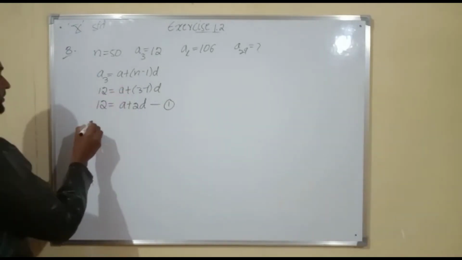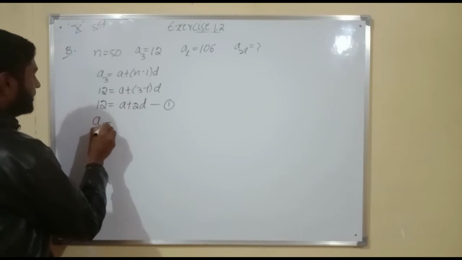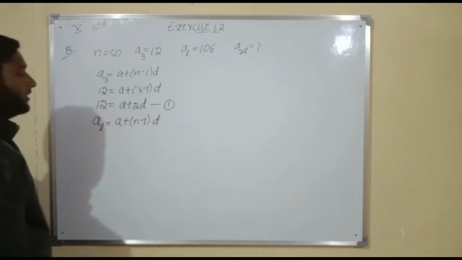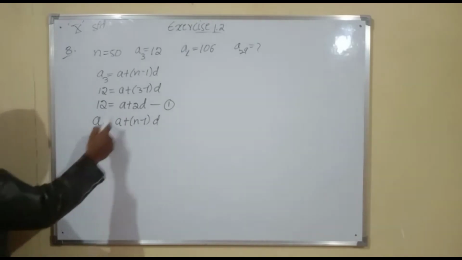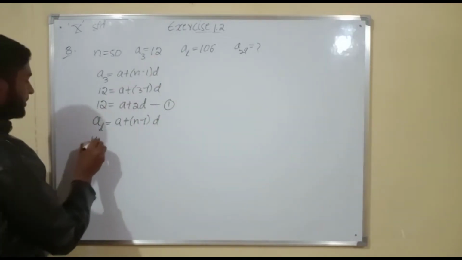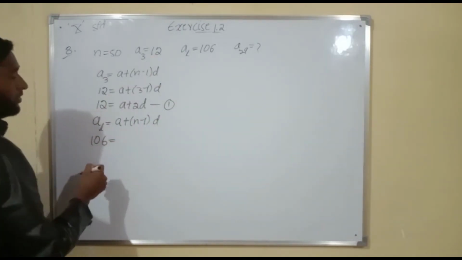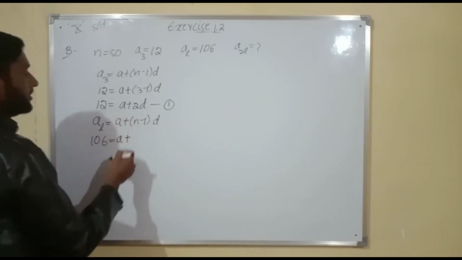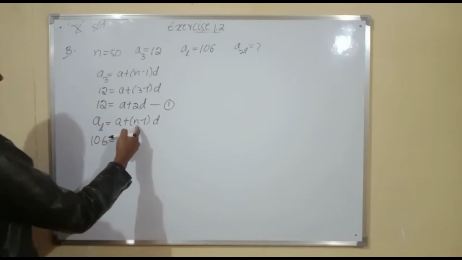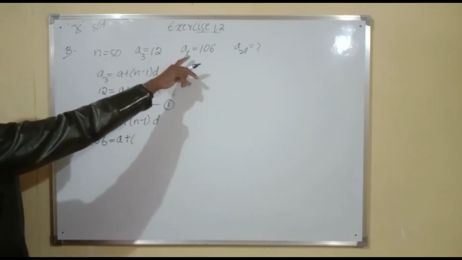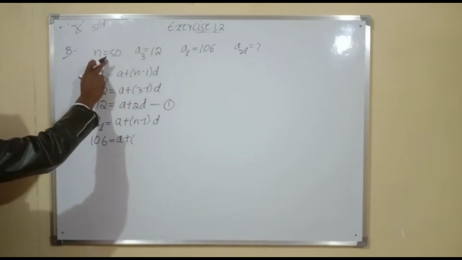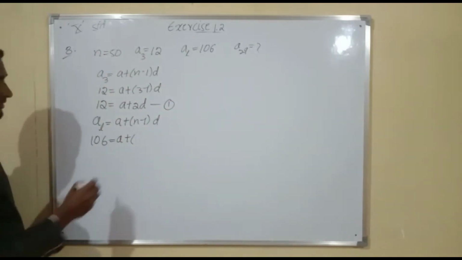And we know the last term AL is equal to A plus n minus 1 into D. AL is given as 106, which is equal to A plus, since this is the last term, how many terms are there in total? 50 terms are given.